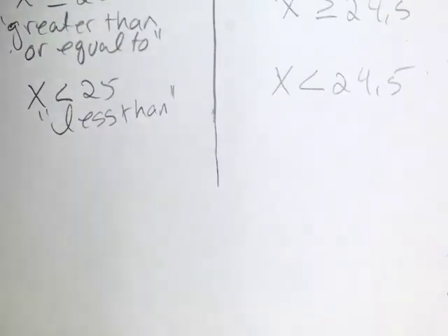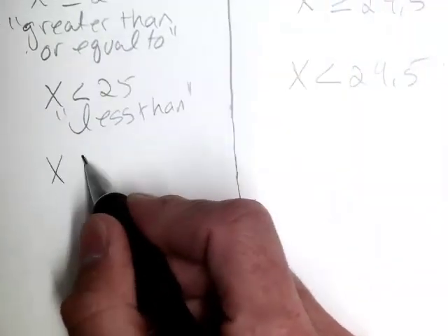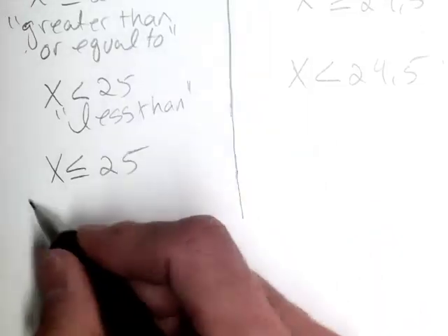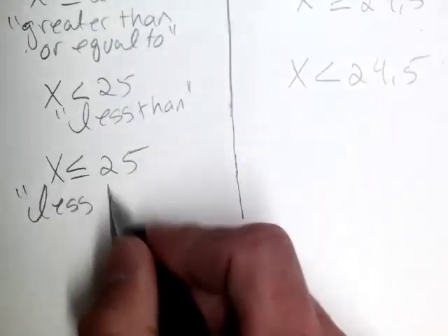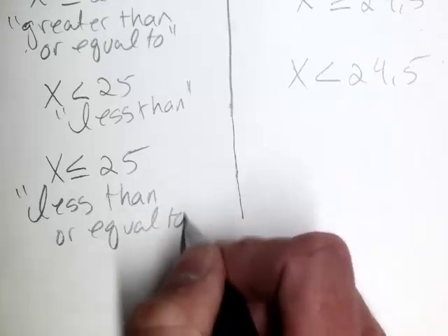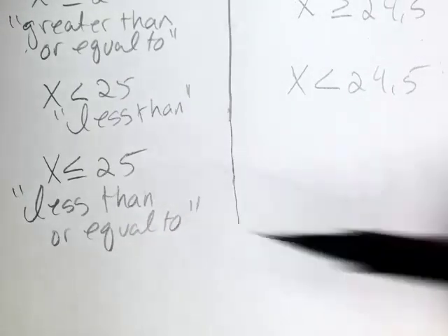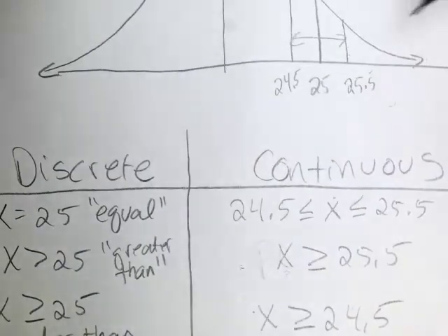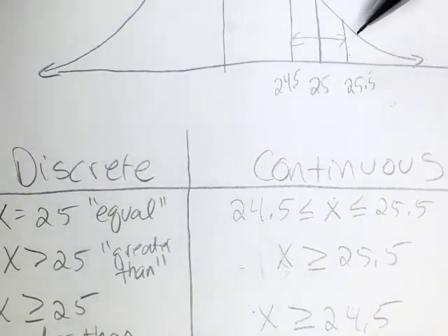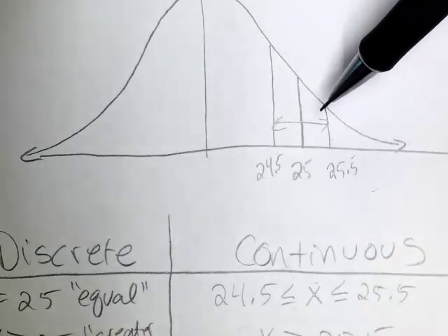All right, and then last but not least, we could have x less than or equal to 25. Now we're including the case of equality. So we want to include the whole number 25, but in the continuous case, 25 goes all the way up to 25.5.